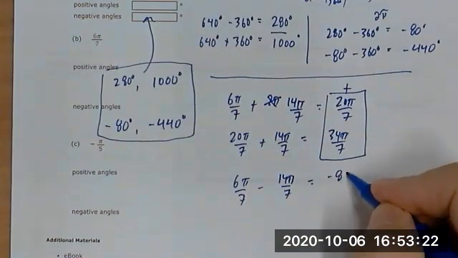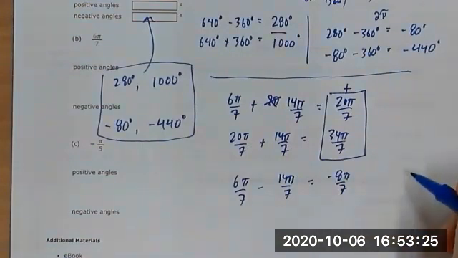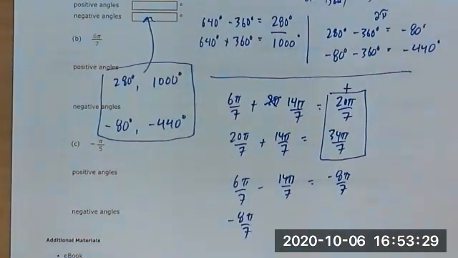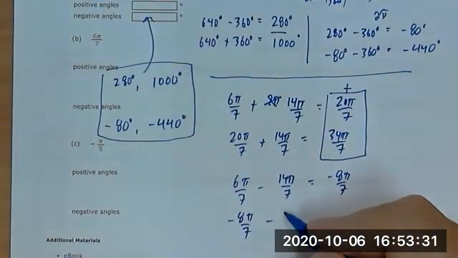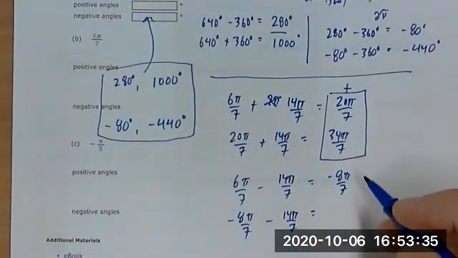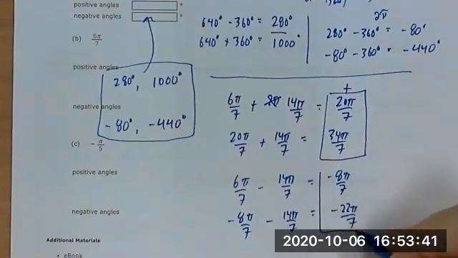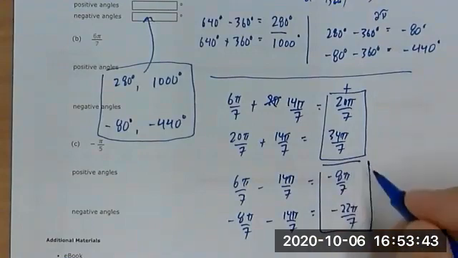So that's negative 8 pi over 7. And then from negative 8 pi over 7, I subtract 14 pi over 7 again, and I get negative 22 pi over 7.